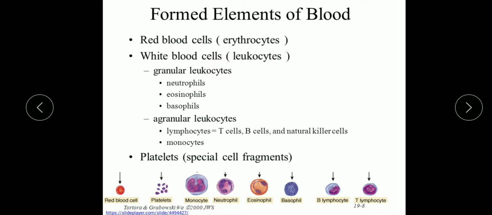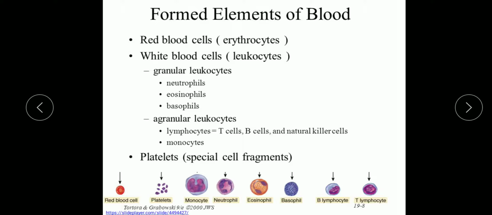So, white blood cells are unique. Unlike RBCs, WBCs have a nucleus and do not contain hemoglobin. WBCs are classified either as granular leukocytes or agranular leukocytes, depending upon whether they contain chemically filled cytoplasmic granules or vesicles that are made visible by staining.